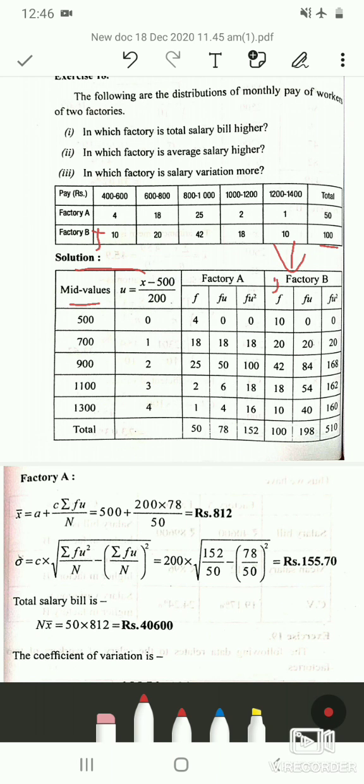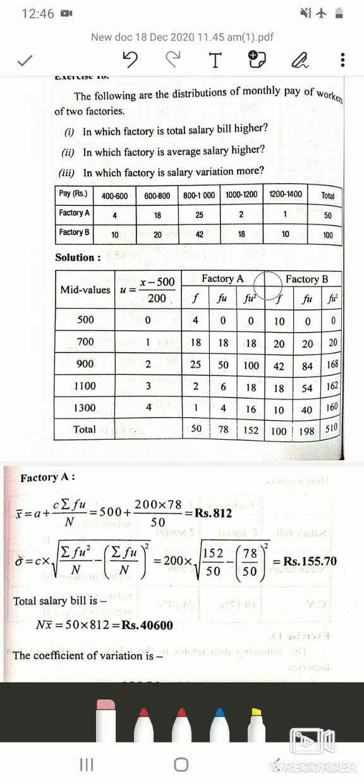So you have f values, you have u values, so we can calculate fu and fu square values. And these are the summation values. So the summation fu is 78 for factory A, and summation fu square is 152. Similarly these are fu and fu square summation values for factory B.